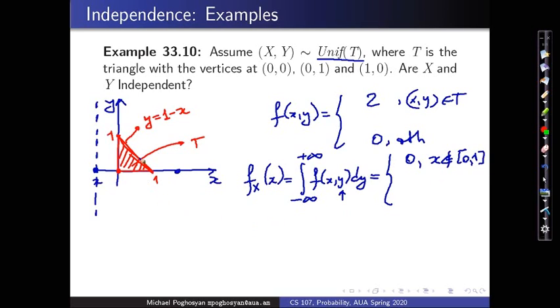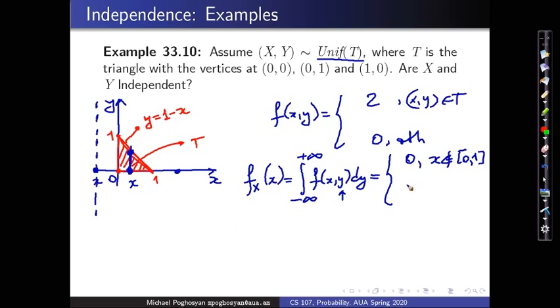What will happen if x is between 0 and 1? Then I am integrating over this segment, from this point to that point, because on the other parts of this line f is 0. f is non-zero only in this triangle.